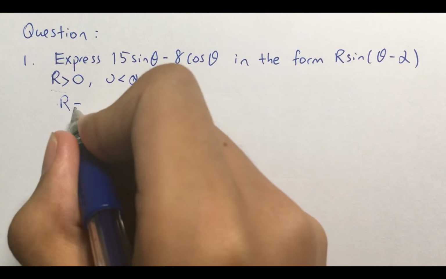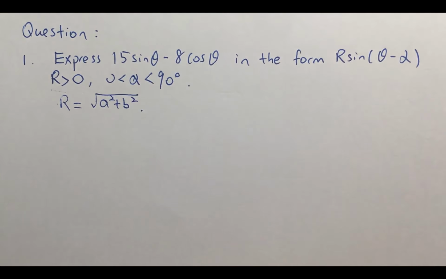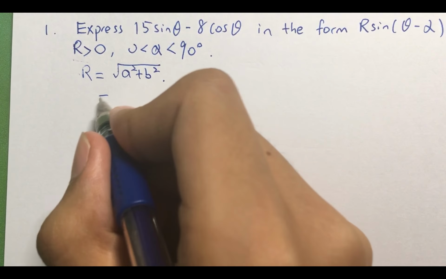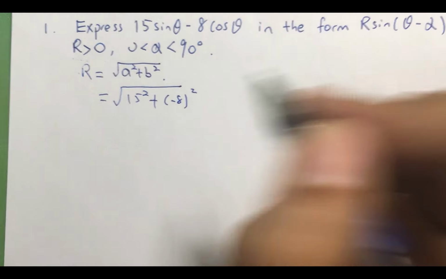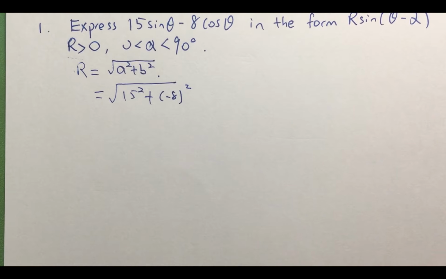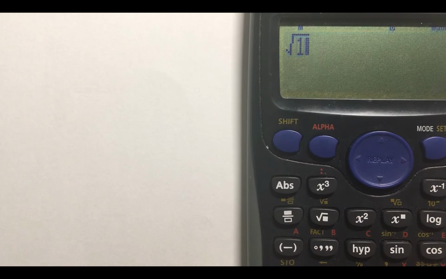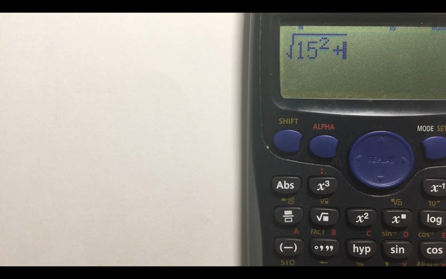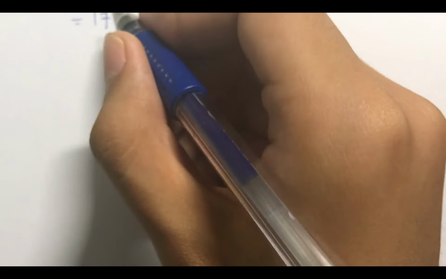Because we know that r is equal to the square root of a squared plus b squared, which means it is equal to the square root of 15 squared plus negative 8 squared, which is 17. So r is equal to 17.